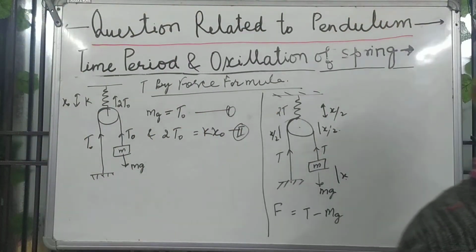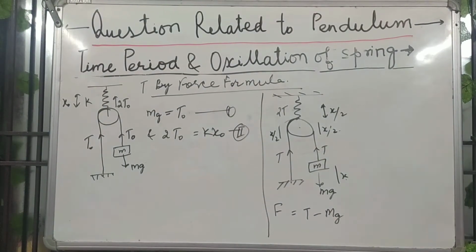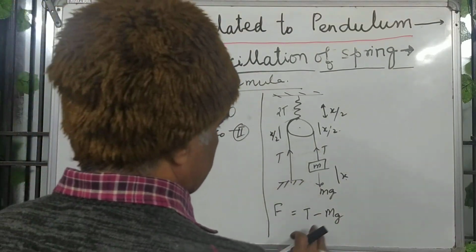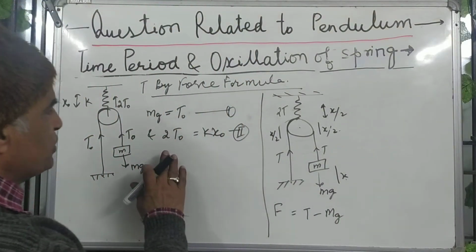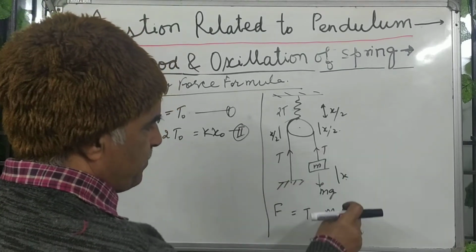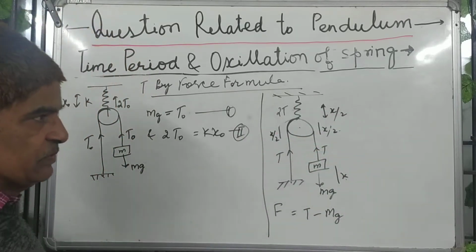So I am telling you, in this case you must mind, there is one equation: T minus mg equals the restoring force acting on the mass m2.